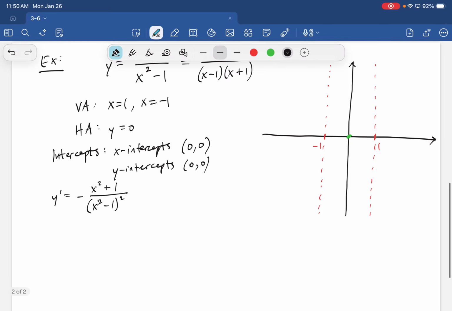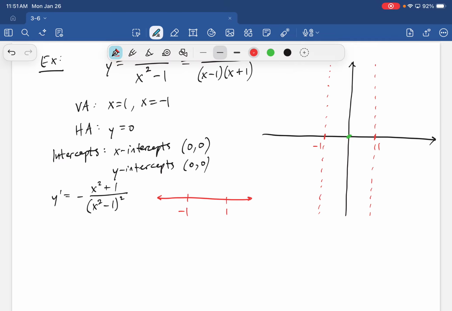Okay? And so now we're just going to do the same kind of process that we did on the quiz. We're going to figure out what the increasing and decreasing intervals are. I'm going to assume you guys know how to do that. So you first find all the critical points. It's going to have two critical points at -1 and 1. And so we do the same process of splitting it up into the number line, -1 and 1.